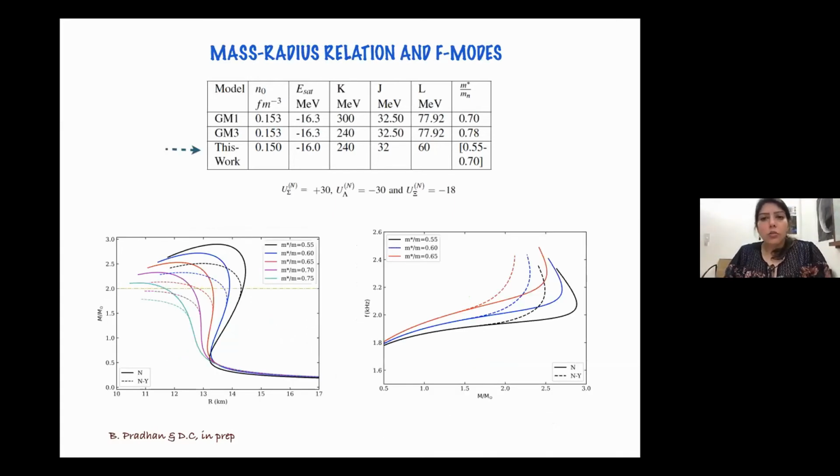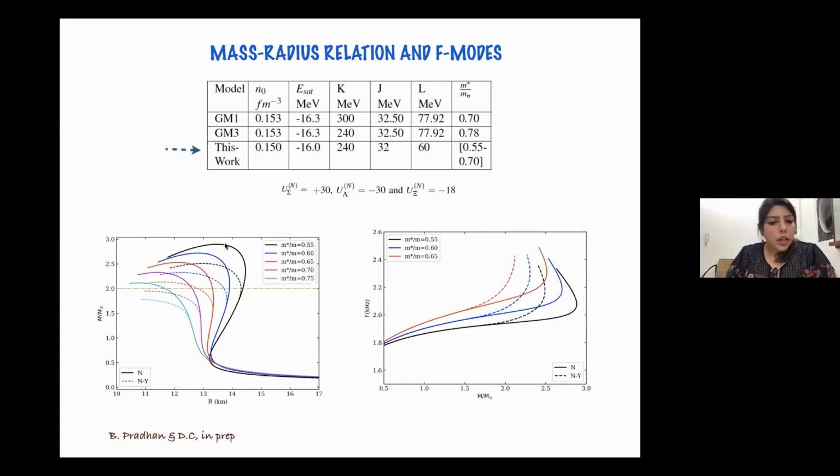So now let's see how the uncertainties in the effective nucleon mass and the cascade potential affect the F modes. First, for a particular value of cascade potential, -18, we varied the effective nucleon mass within the uncertainties.